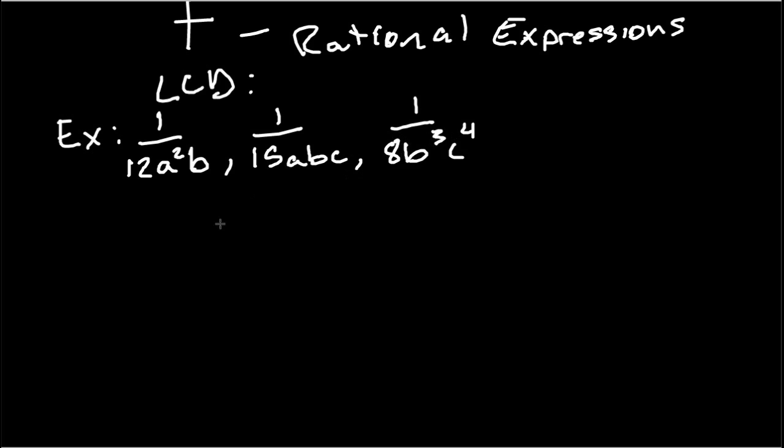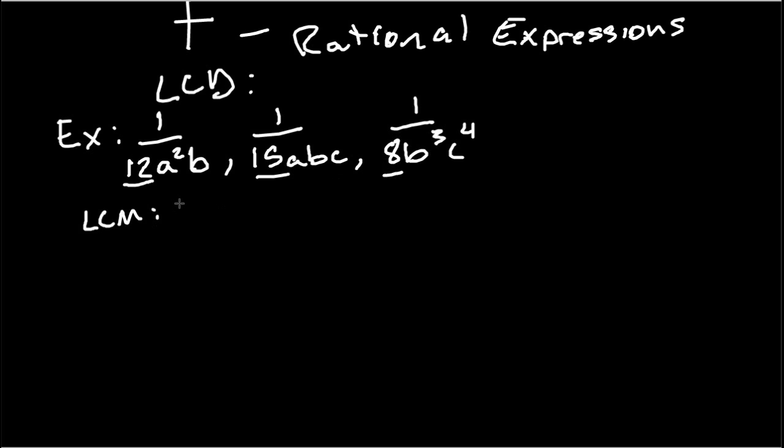And we're told to find the least common denominator of these three rational expressions. So first we're going to start with our numbers, and we're going to find the LCM, or the least common multiple. In other words, what number do 12, 15, and 8 all go into?